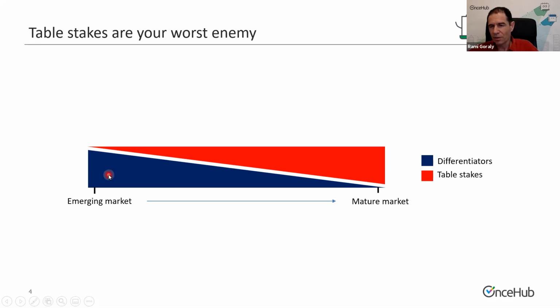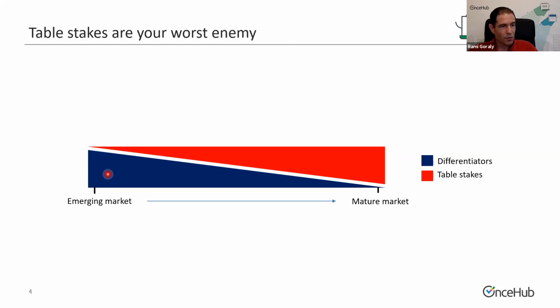Because at the beginning, when the market doesn't know exactly what to expect, if the product does something new, almost all the features are differentiators. But once the market gets used to the product and there's more usage and more competitors, the market comes to expect these features, and a lot of the differentiator features start moving into the table stakes bucket.